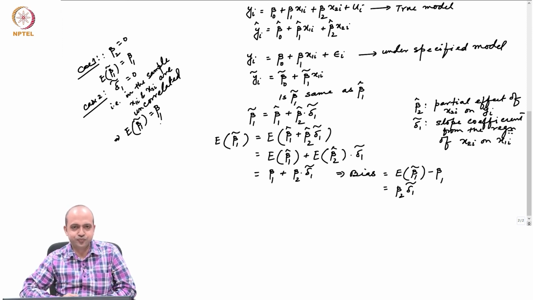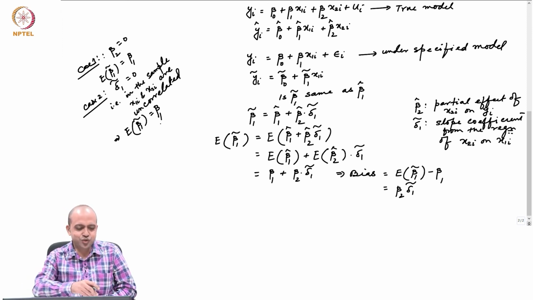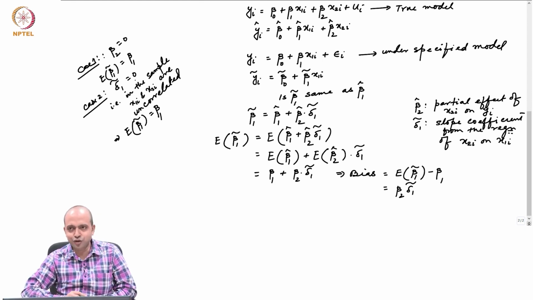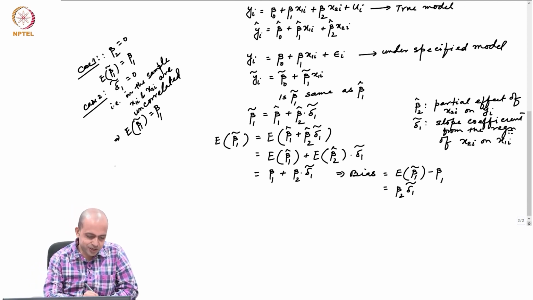However, in reality these two cases do not arise; rather, beta 2 is nonzero and delta 1 tilde is also not equal to 0. If that is the case, we can arrive at alternative cases. Case 3: beta 2 is positive and delta 1 tilde is also positive.